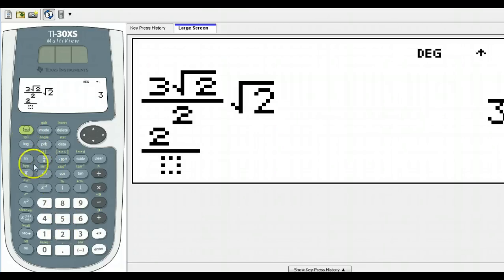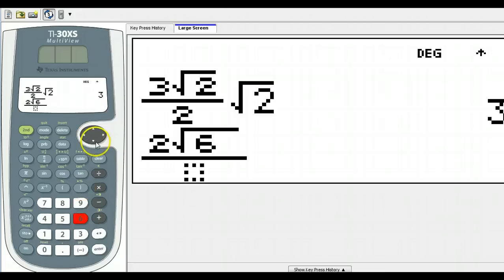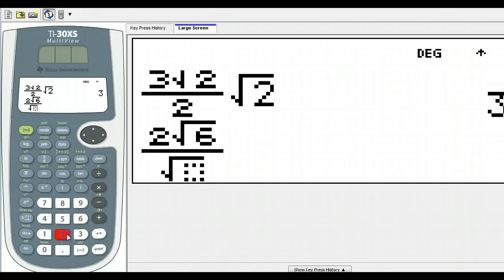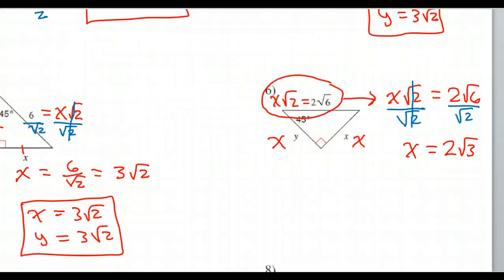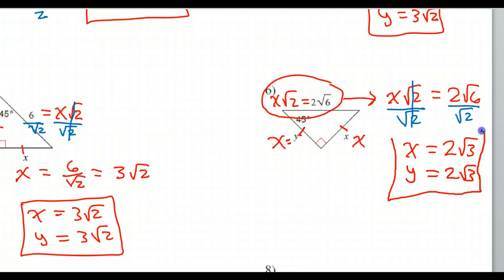And there you go, 2 radical 3. Okay, so x is 2 radical 3, and then x and y are equal, so that means y is equal to 2 radical 3. Alright, that's how you do number 6.